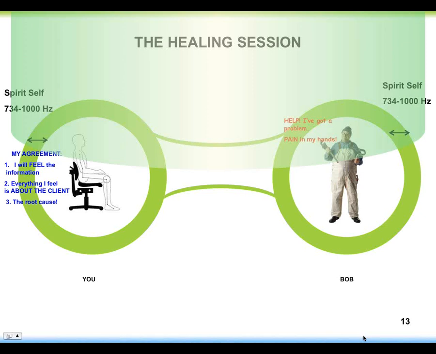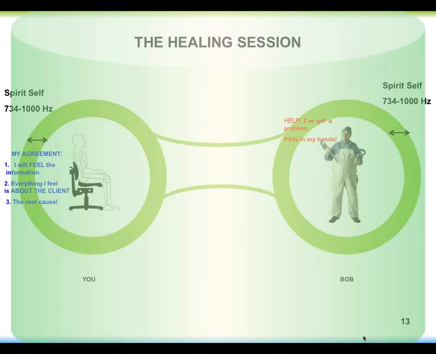Now that you have established the connection, you have in your background the system, the retrieval system, the guidance system working, then you begin to feel. I feel anxiety, for example. Your agreement says it's not about you, it's about Bob.